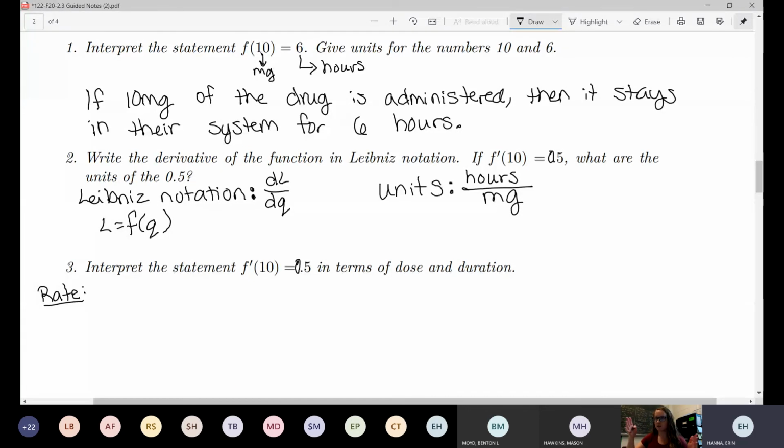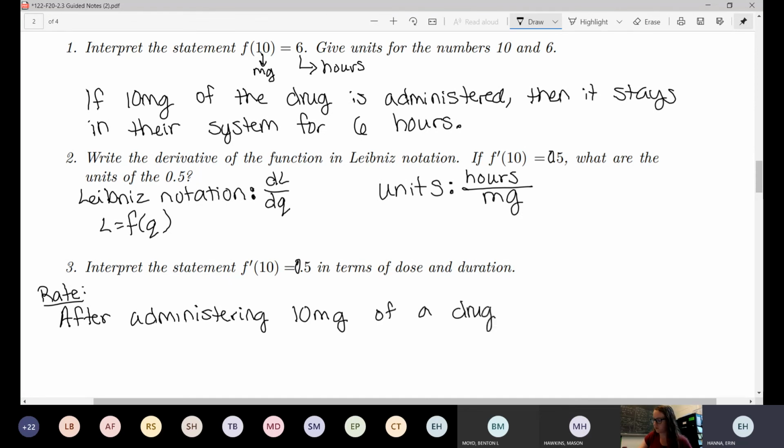In our setup, the first thing we need to do is tell them the starting x value, which in this case is 10. So we essentially have to say after administering 10 milligrams of a drug, then I need to tell them whether the y values are increasing or decreasing. This value is positive, so we're increasing.